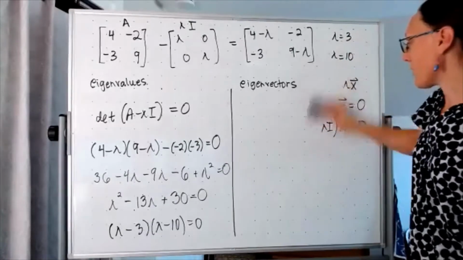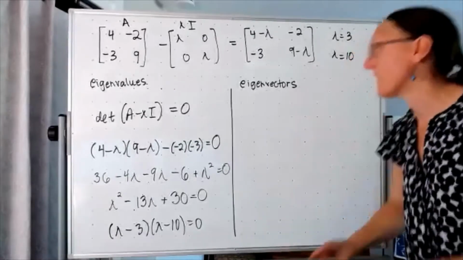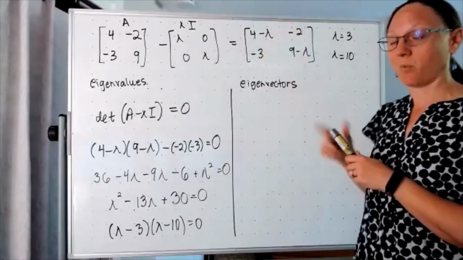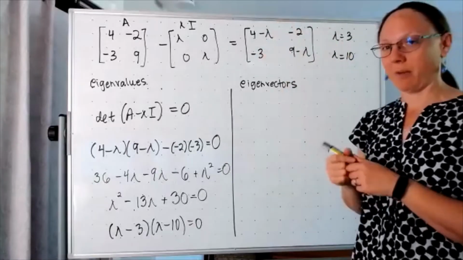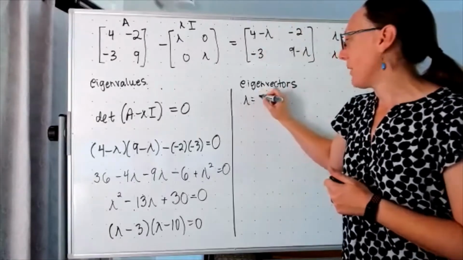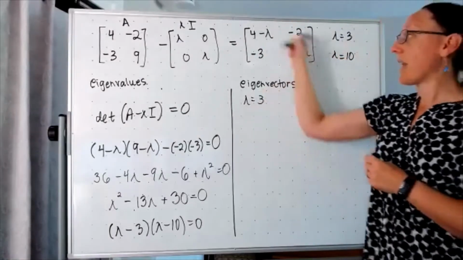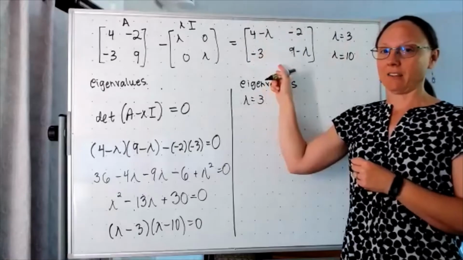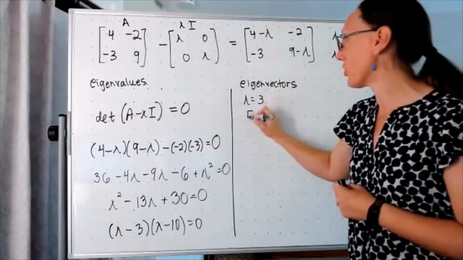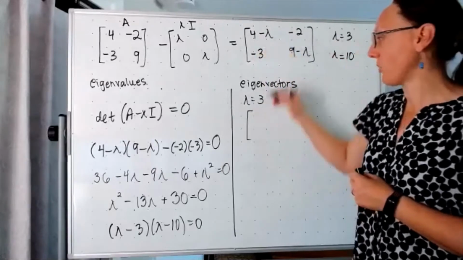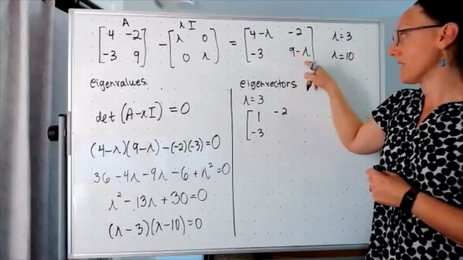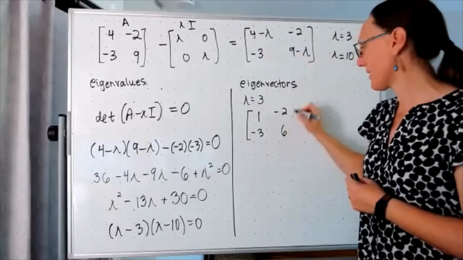So to find those eigenvectors, we can start off with our A minus lambda I matrix, where we're actually plugging in a value of lambda. Let's do this for lambda equals 3. So the A minus lambda I matrix, once we plug in a lambda of 3, turns into 4 minus 3 and 9 minus 3 is 6.